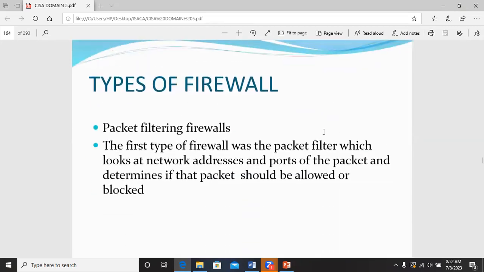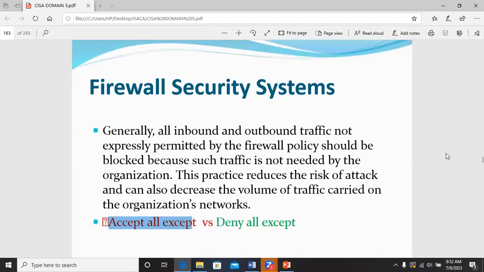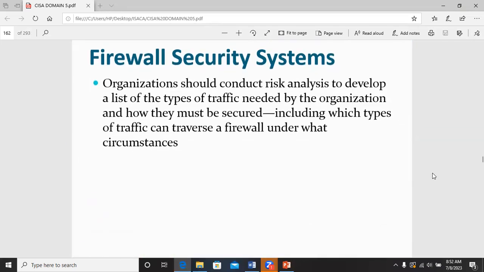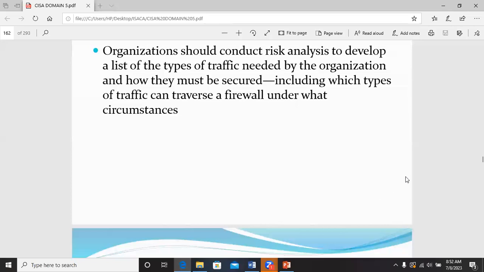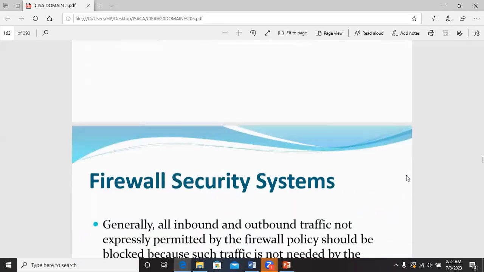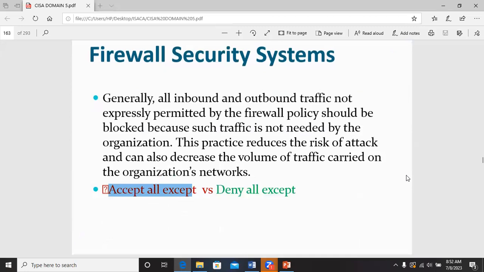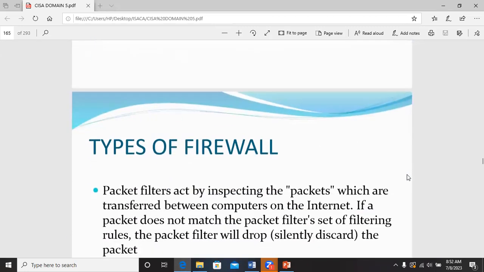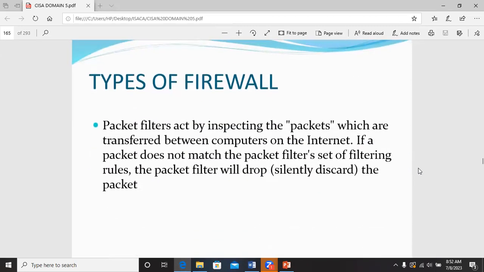All right, types of firewall. We have packet filtering firewall. Don't forget your OSI layer, which we talked about last week. We said there is application layer, there are seven. There is presentation layer, layer six. There is session layer, layer five.